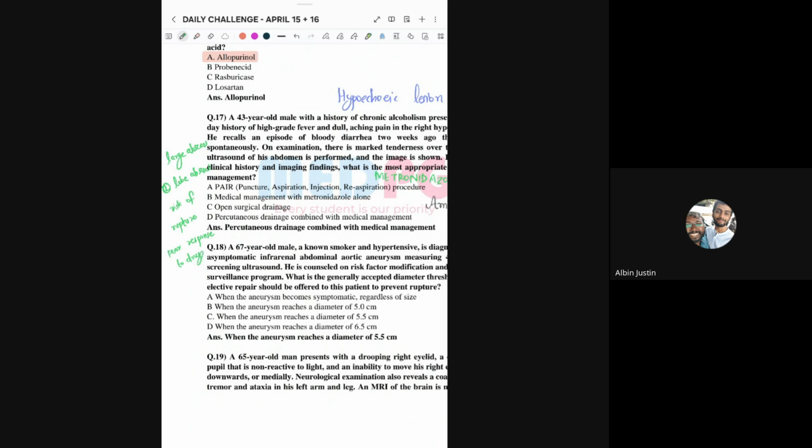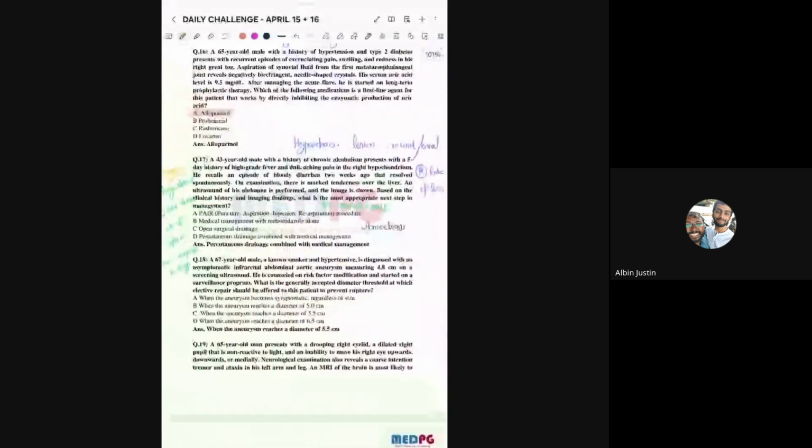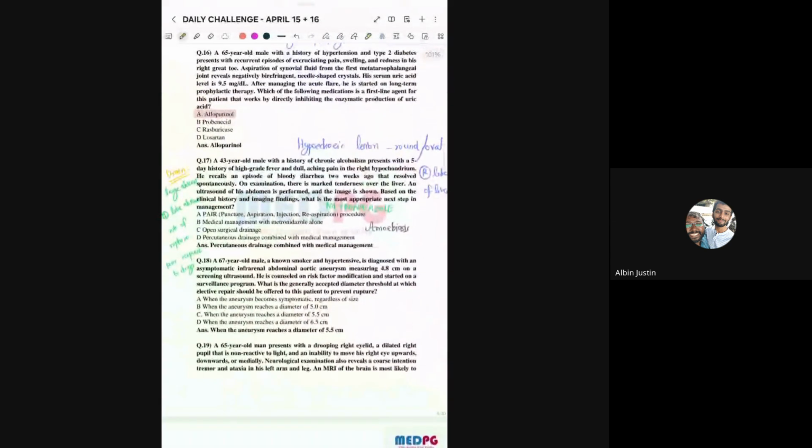In all these conditions we need to drain. So it is percutaneous drainage combined with medical management.